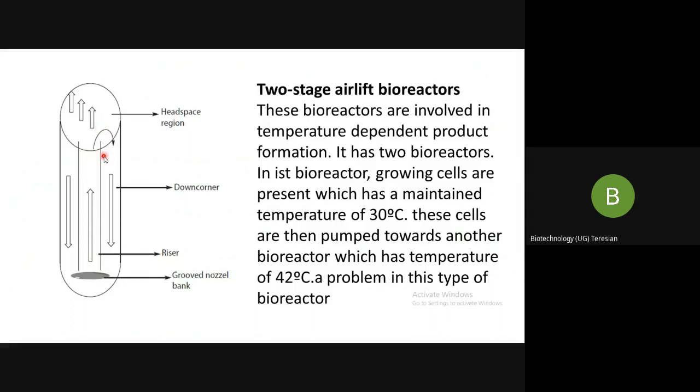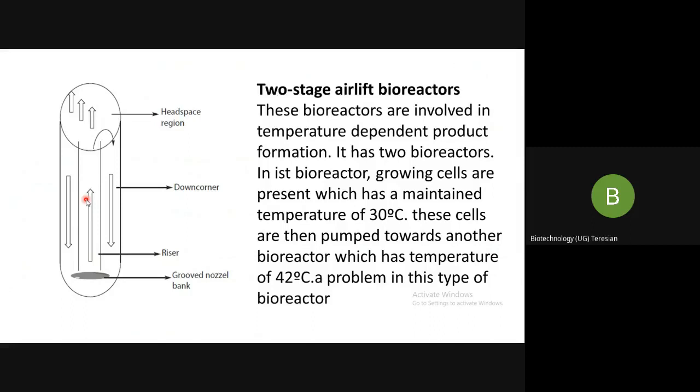Since the liquid circulation is driven by the gas, a holdup difference between the riser and the downcomer occurs.